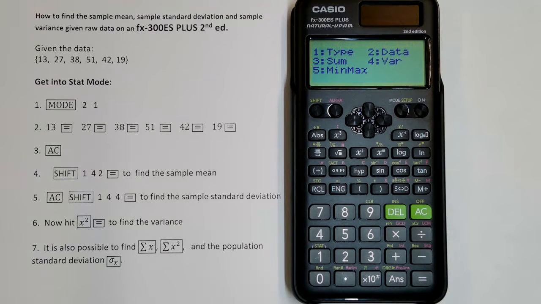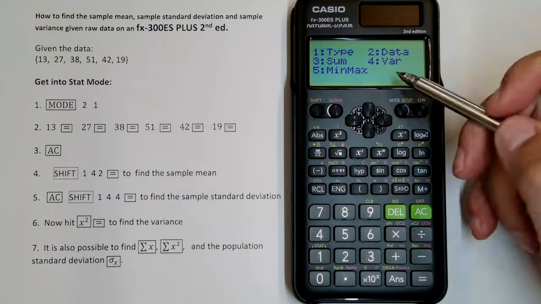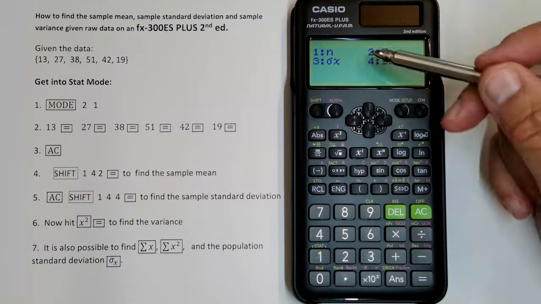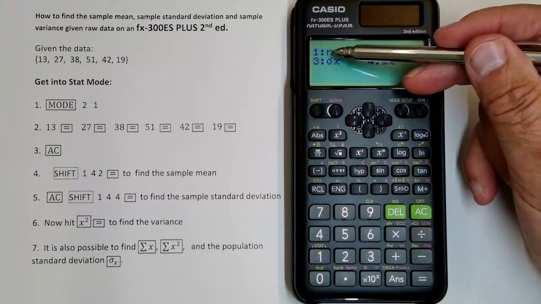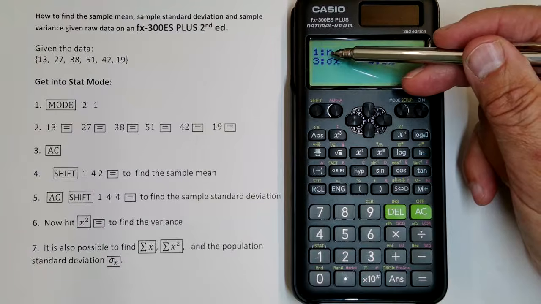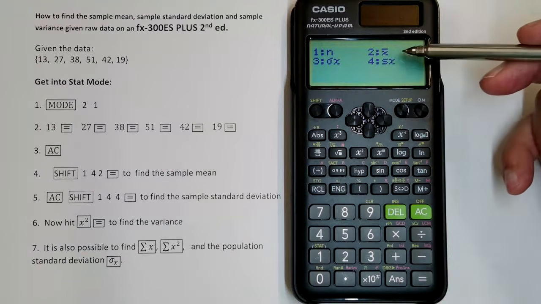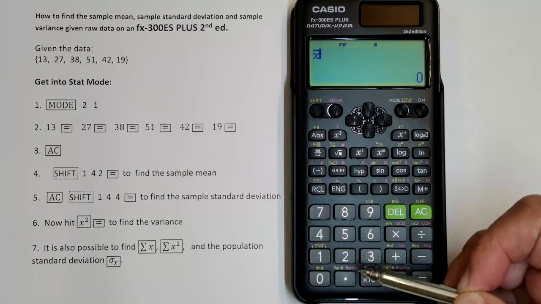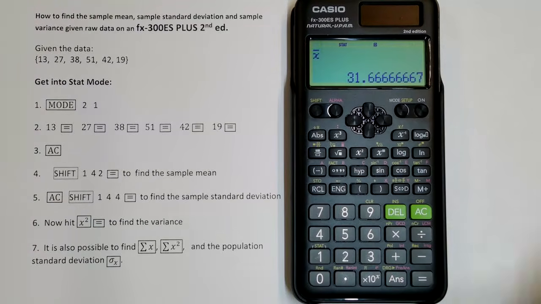I'm going to go through a few of these, but for right now, I'm mostly interested in how to find the sample mean. So I'm going under variables. Number 4 is for variables, and it gives me a couple of choices. Number 1 is n, the sample size. Number 2 is the sample mean, x with a bar above it. So I'm hitting number 2.